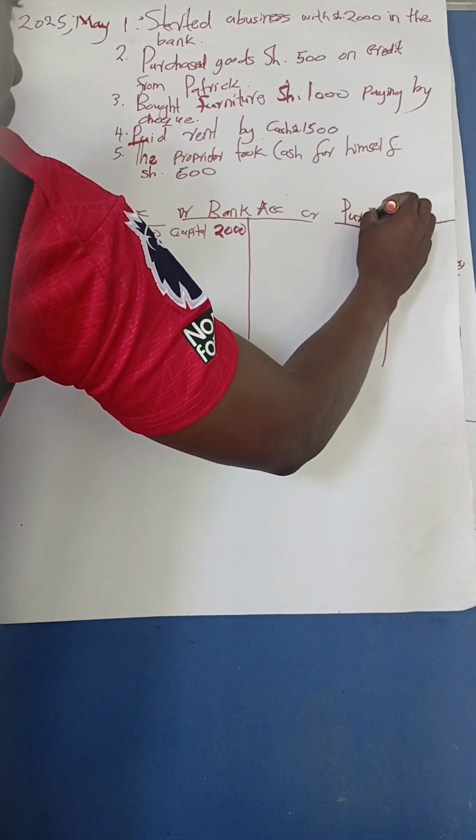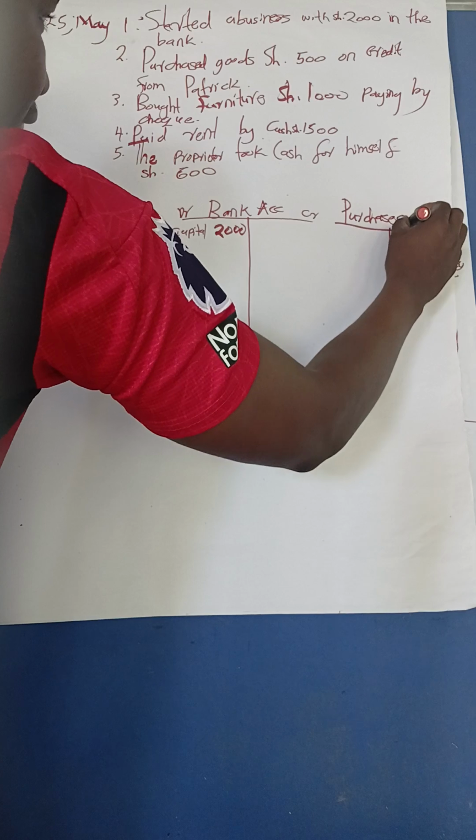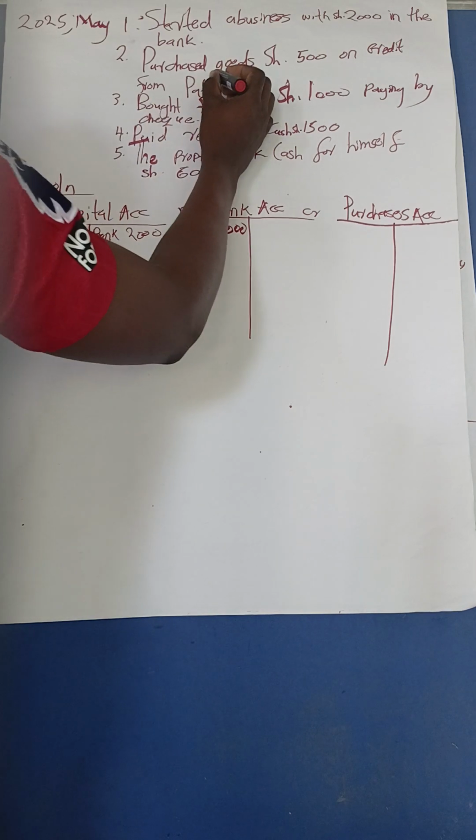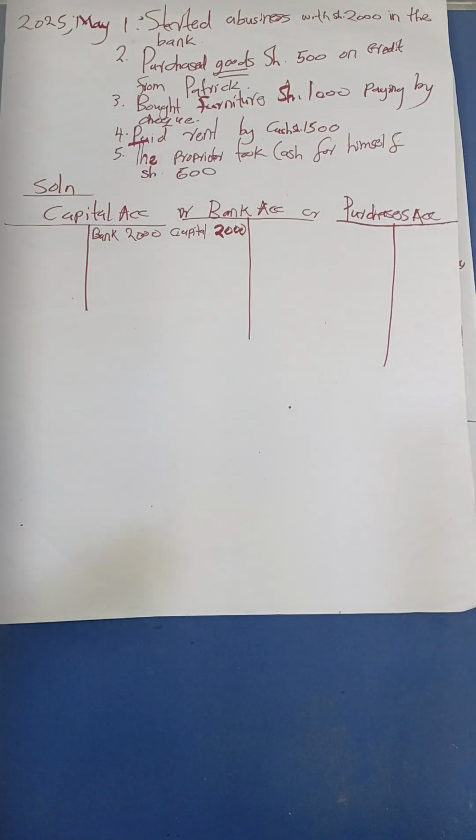When you just hear purchased goods, purchases account. If they have not mentioned, like you can see in the third, they have mentioned purchased furniture, you'll open a furniture account. But if they have just said purchased goods, open the account called purchases account.